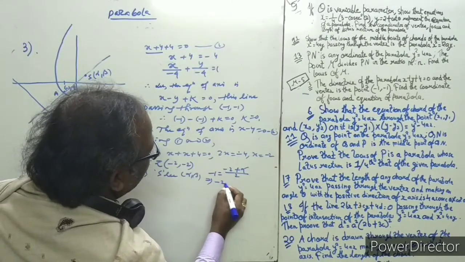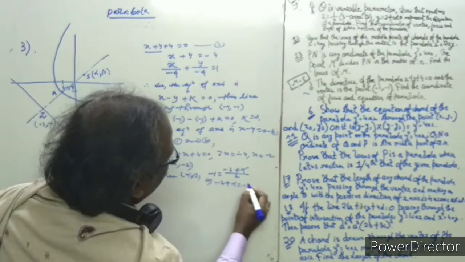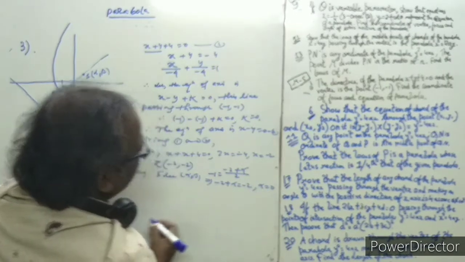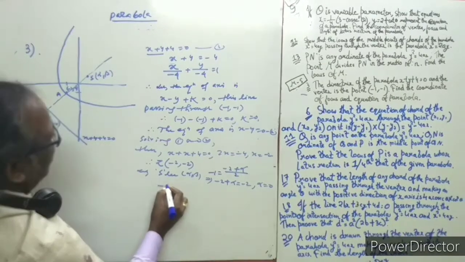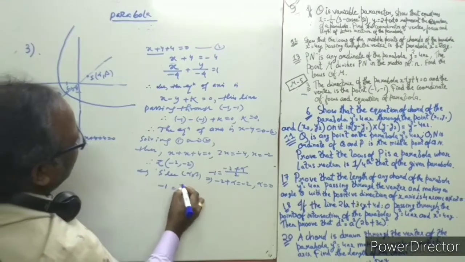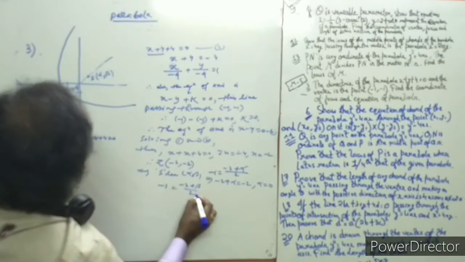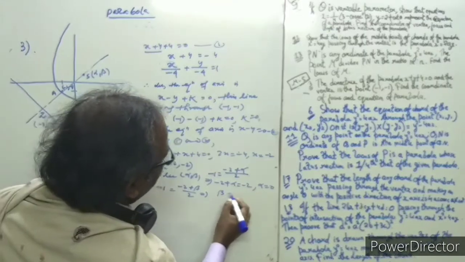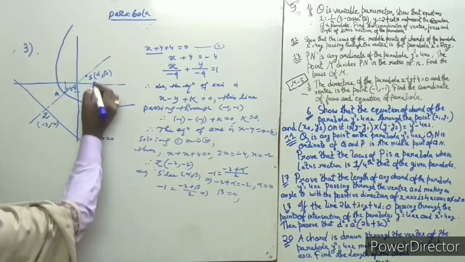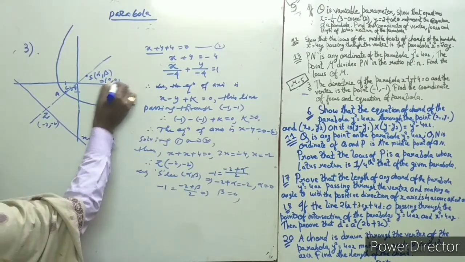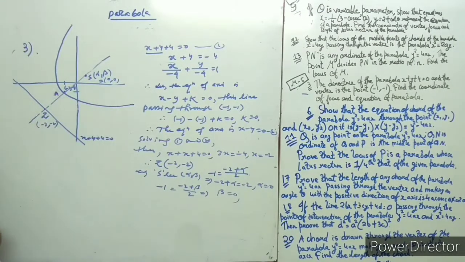So minus 2 plus alpha is equal to minus 2, so you can get alpha equal to 0. Same as minus 1 is equal to minus 2 plus beta by 2, so you get beta equal to 0. So the focus is the point 0, 0. So this point lies there.